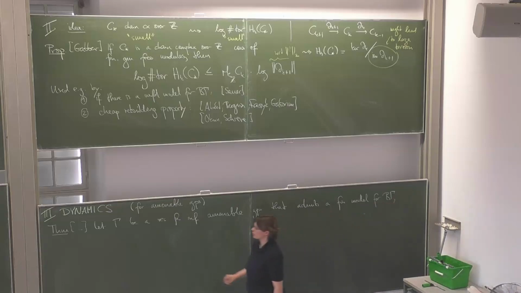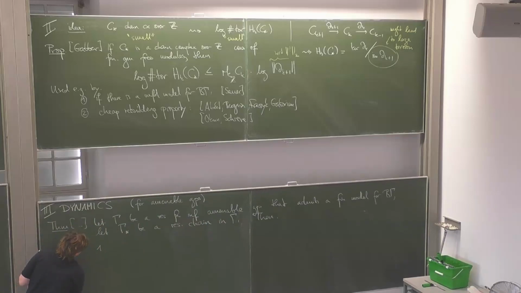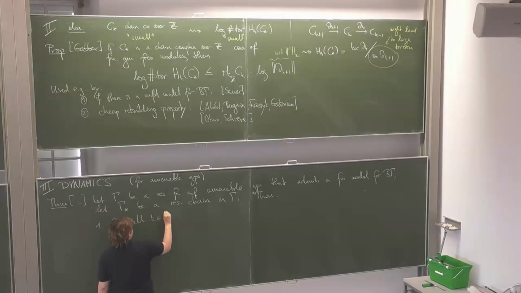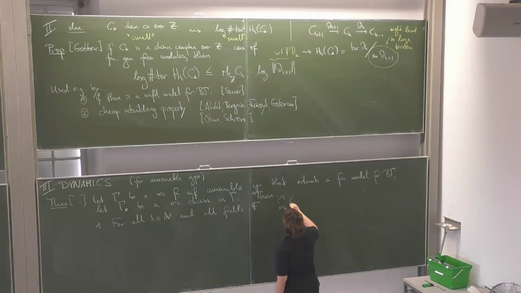And we assume that we have a residual chain. Okay, then we can conclude the following. So the first one is that for all degrees and all fields, we have that the Betti number gradient is 0.